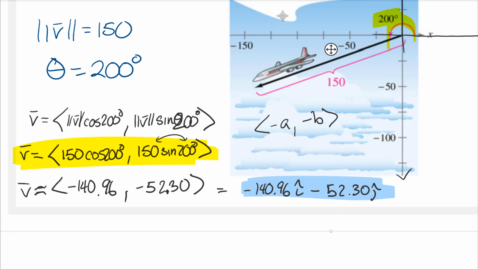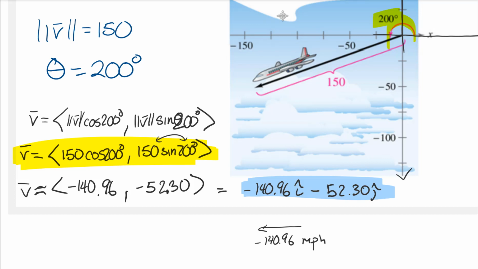So the I hat is the horizontal component. So what it's saying is we're actually traveling in the horizontal direction. And the plane is, not us, is 140.96 miles per hour in the horizontal. So if you were trying to go horizontally, you're not going quite 150 miles an hour.